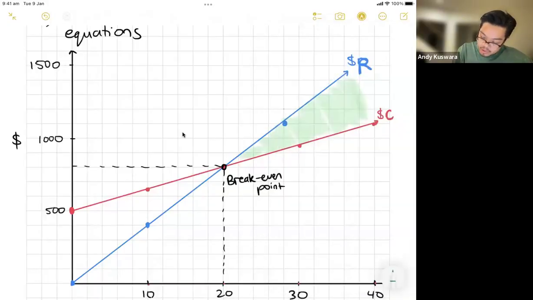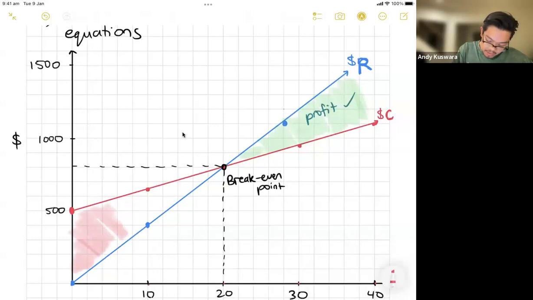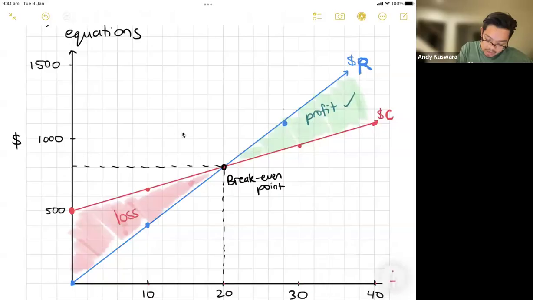This is what we call the zone for profit, which means you're good, you are making money. However, I'm going to highlight this part here in red. This is where you do not want to be if you are running a business. Anything below that break-even point, that means you haven't made your money back, which means you are at a loss or in debt. It's a bad business.